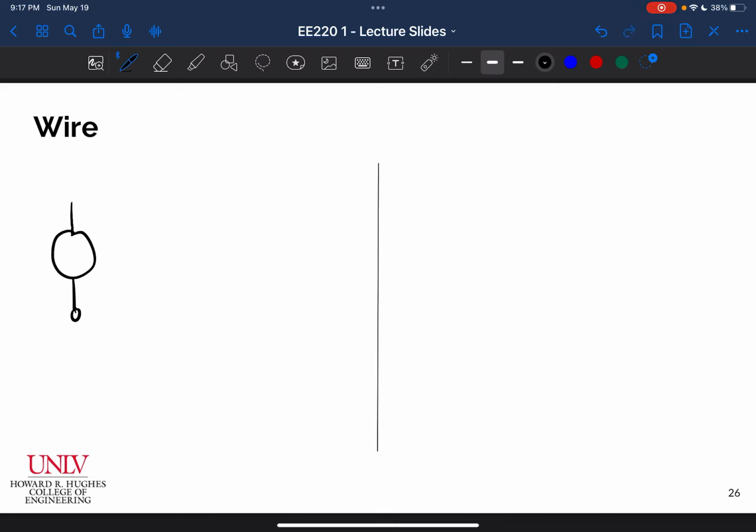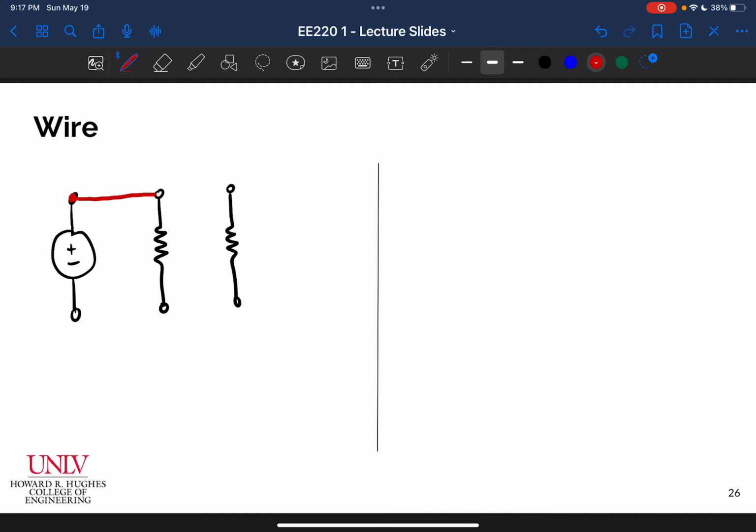So if I were to just draw a voltage source like this, and then a resistor here and a resistor here, the resistor and the voltage source have their own legs or their own leads connected to them, right? Those are also wire practically in real life, but for the sake of our circuit, those are just the elements themselves, and I haven't even connected them yet. I need to connect them with some wire.